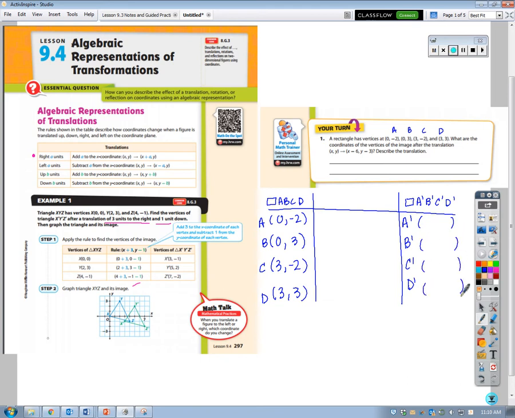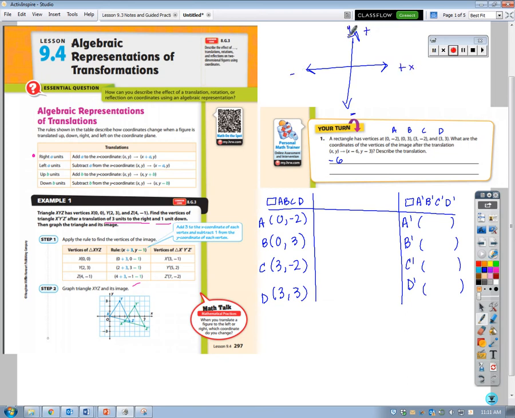Okay. So let's go ahead and see what it is that we are actually doing. We're doing translation, and looks like we are translating 6 units to the left because minus 6 would be moving negatively on the x-axis, right? So if I just draw a little thing here, this is negative, this is positive, this is positive, this is negative, right?